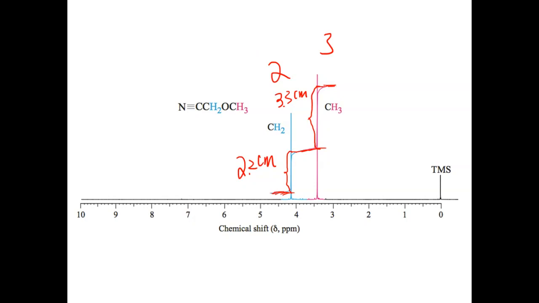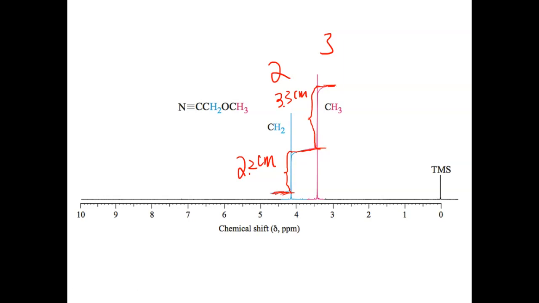In a proton NMR, every proton can give you certain absorption. So if there are more protons of a particular type, then that kind of proton will absorb more signal. Like we have two blue protons and three red protons.